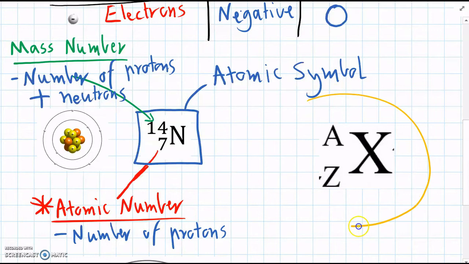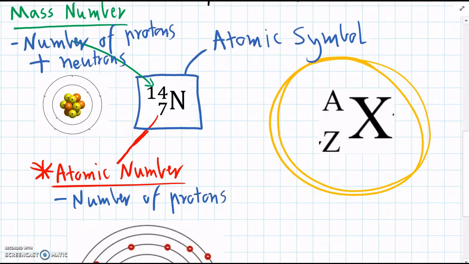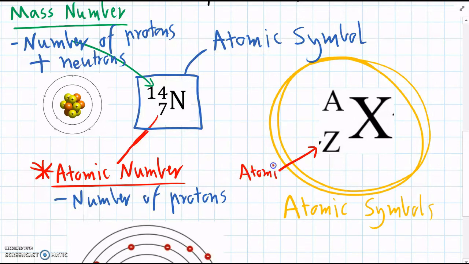And here's a general way of writing atomic symbols. Where we have Z, that's the symbol we use for atomic number. That's just a generic way of saying atomic number.